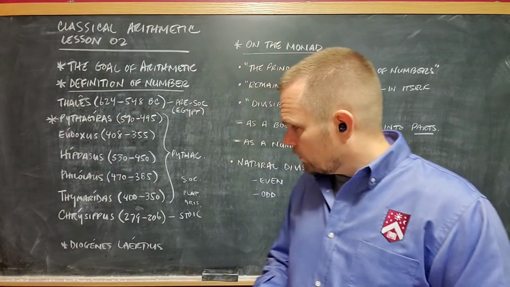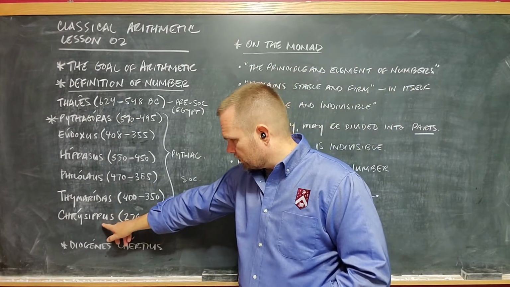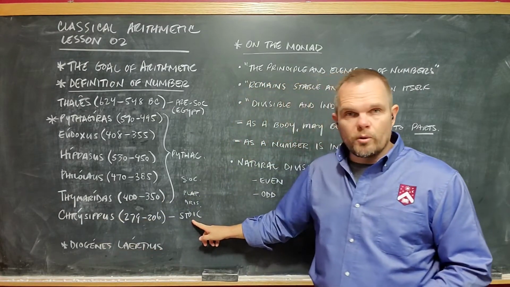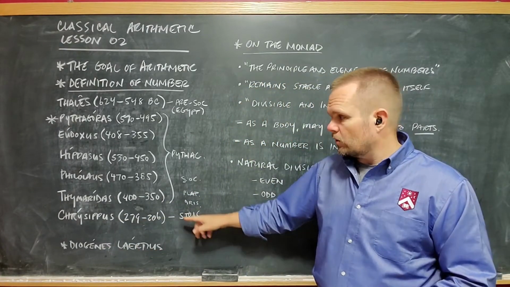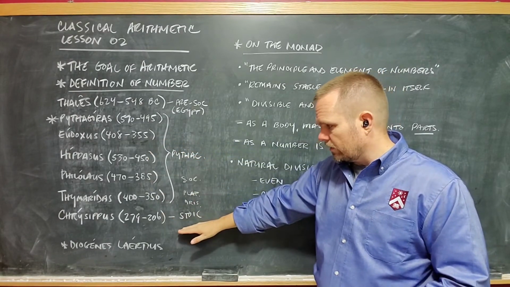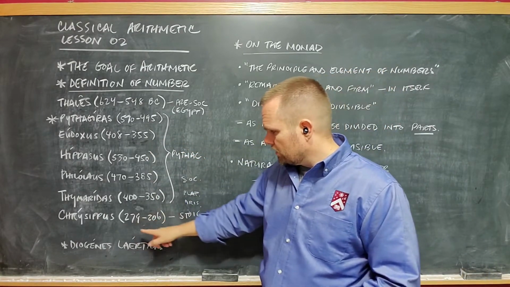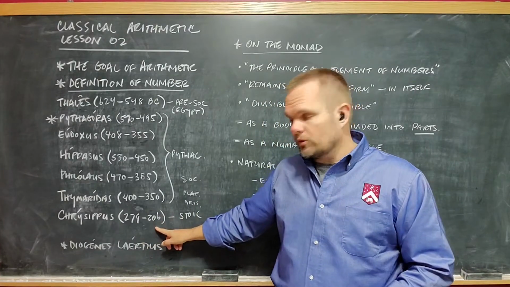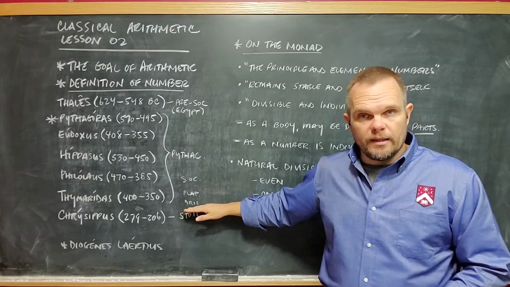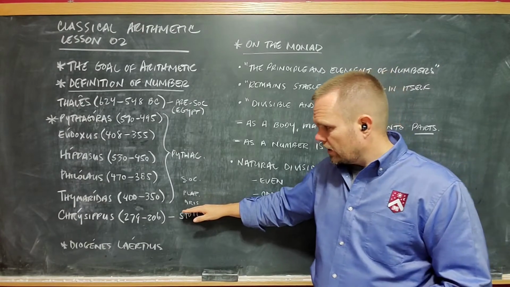Next, the followers of Chrysophus. Chrysophus was a Stoic philosopher, all right? So not a Pythagorean philosopher. He was a Stoic philosopher who lived from 279 to 206, after Socrates, Plato, and Aristotle, okay?